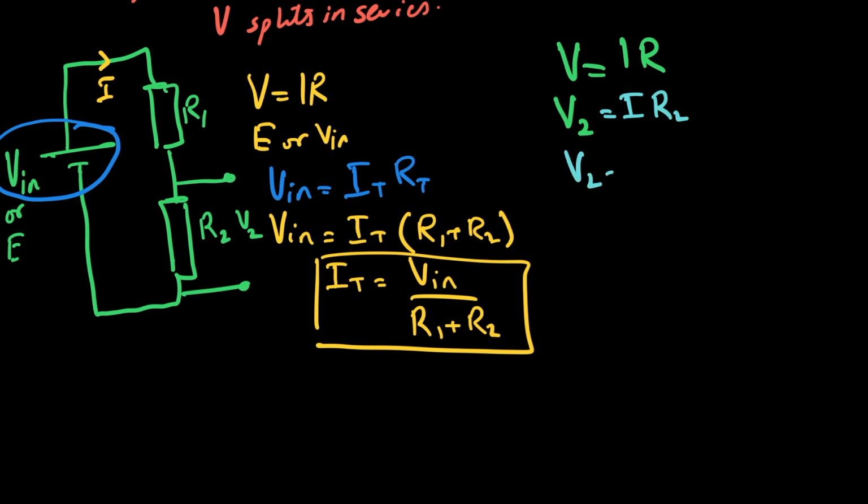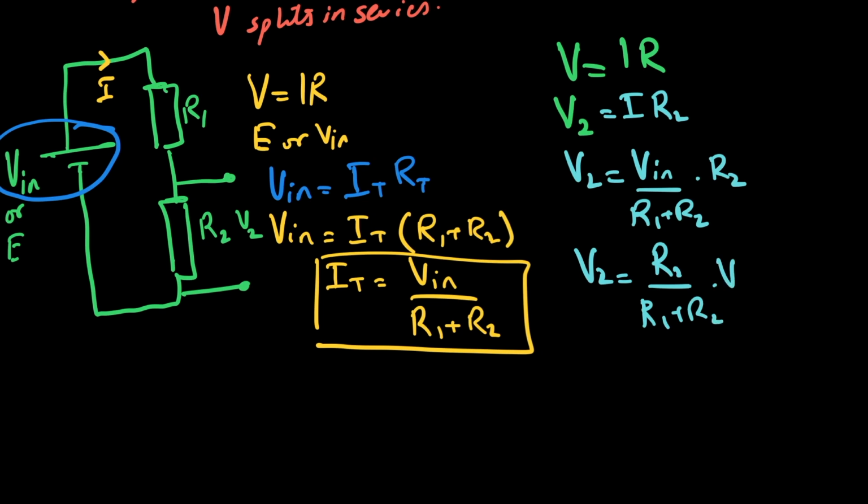So V2 is equal to, now instead of I you put the expression, V in divided by R1 plus R2, into R2. Therefore V2 is equal to R2 divided by R1 plus R2, into V in. This is the expression that we wanted to find: the voltage V2 in terms of R1 and R2.